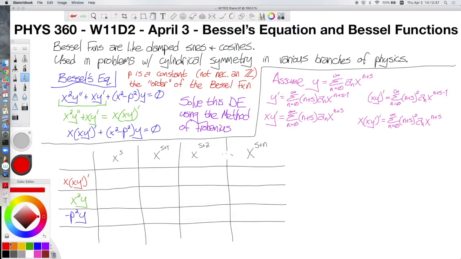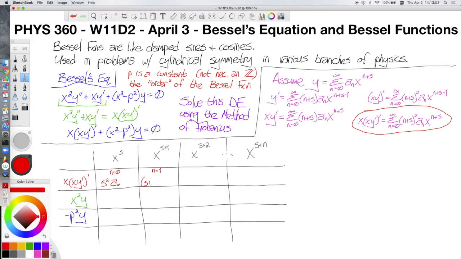So for x times (xy prime) quantity primed, we're going to be working from this expression here. And to get our first term with x to the s, we need to plug in n equals 0. So we end up with just s squared times a naught as our coefficient. And then for the x to the s plus 1 term, we need n equals 1.